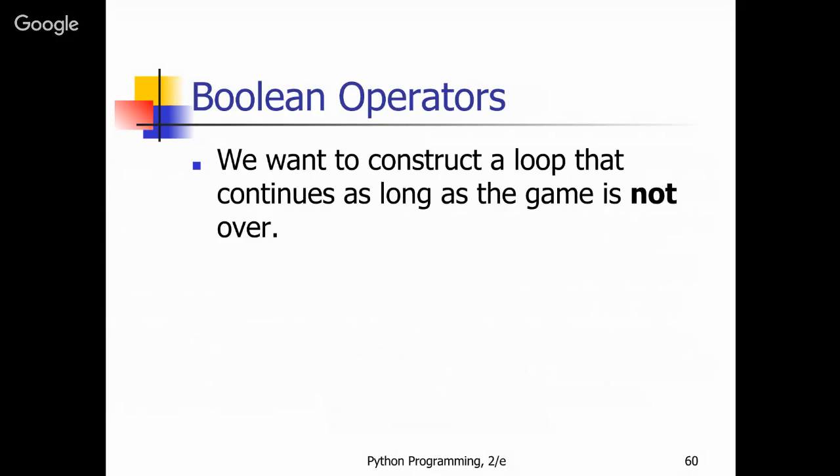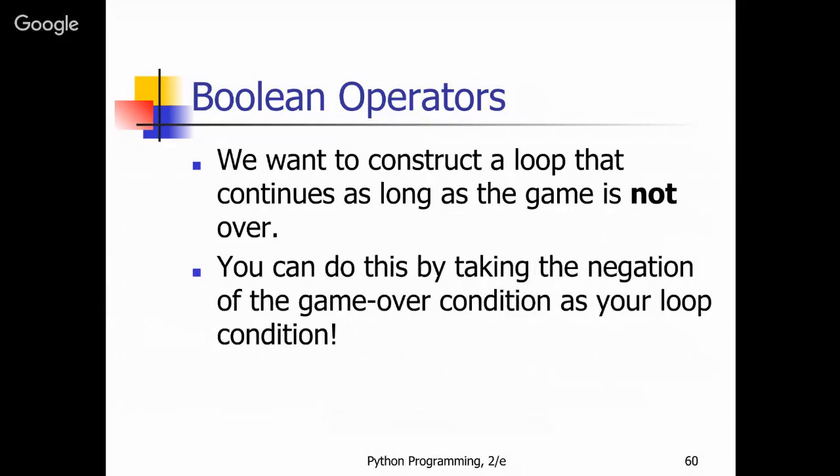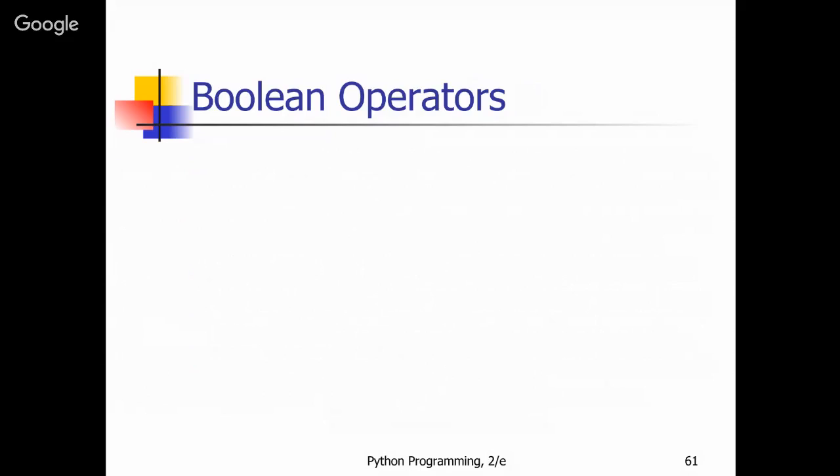Okay, so then construct a loop where the loop continues as long as the game is not over. How about taking a negation of the game condition as your loop condition? What would that look like? Maybe I'll ask you to think about it for a moment, and work in pairs.